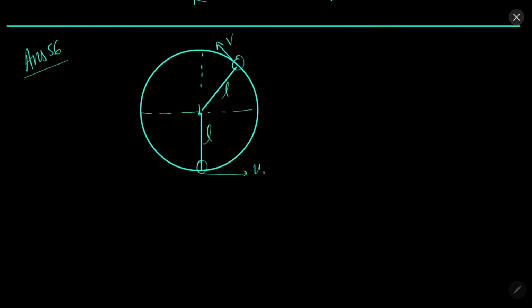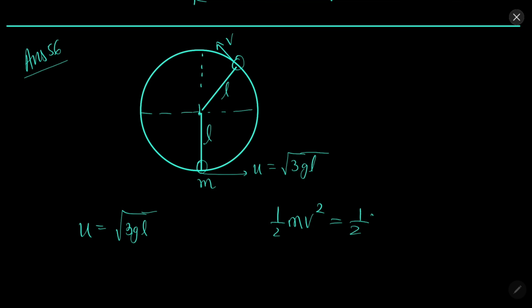This velocity is root 3gL, mass m. So the velocity at the lowest point is root 3gL. So half mv square equals half mu square plus minus mgh.